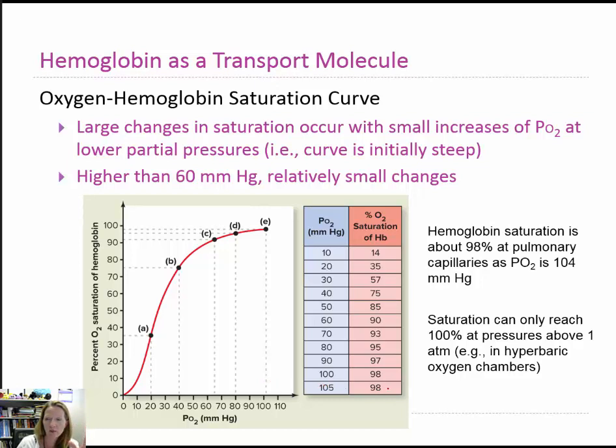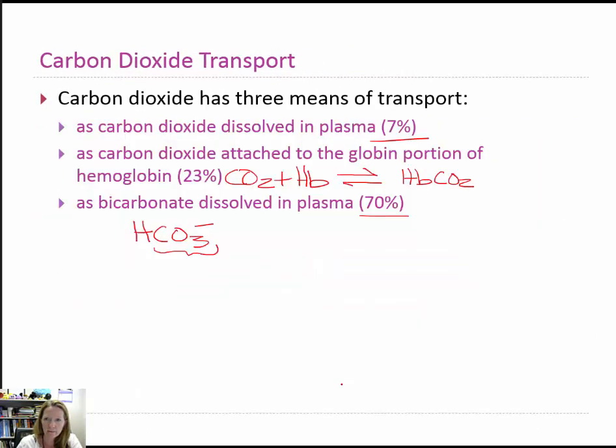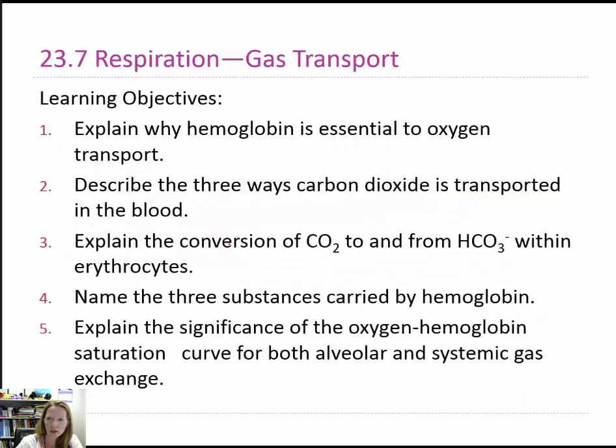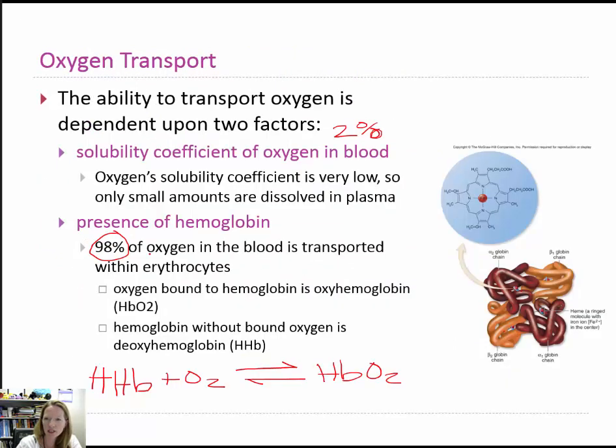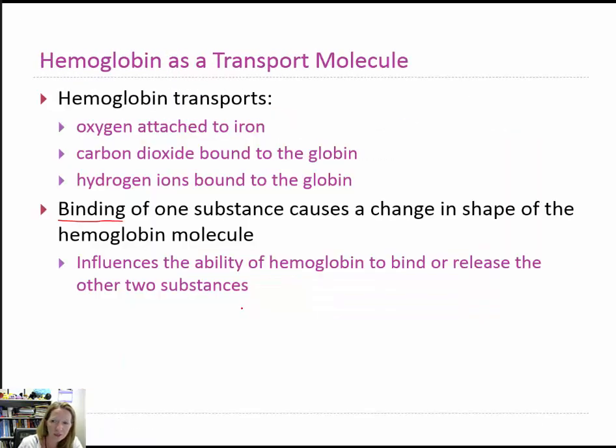And so if we have a PO2 at 104, 105, we are going to be 98% saturated. I know you're thinking, that's not fully saturated. 100% is fully saturated. Remember, let's go back to this. 98%. Only 98% of that oxygen is going to be transported. The other 2% is dissolved in plasma.